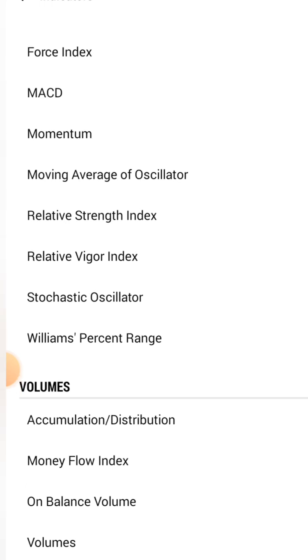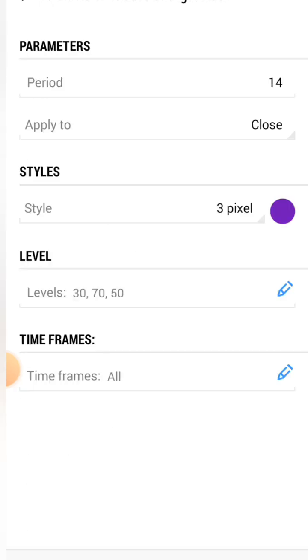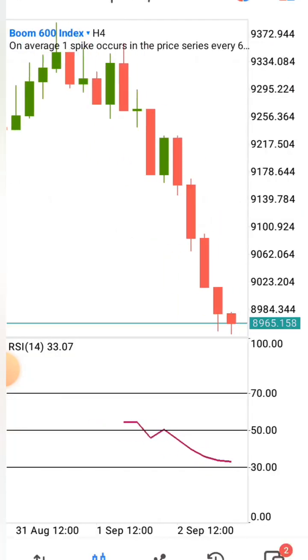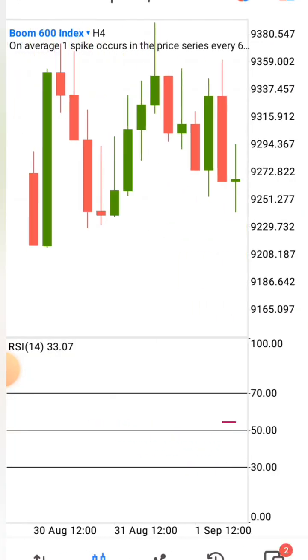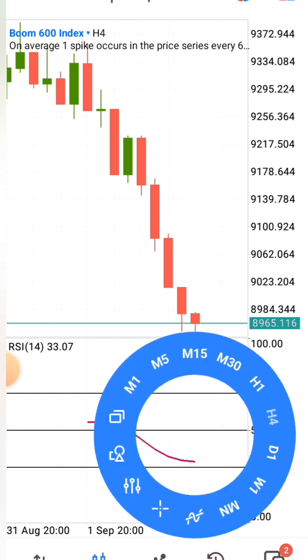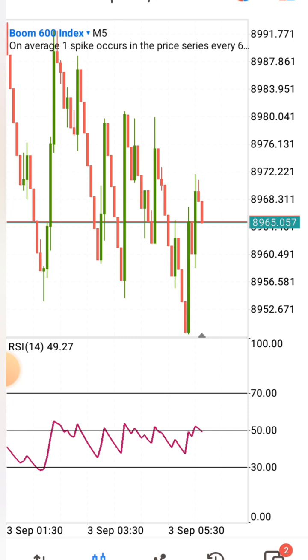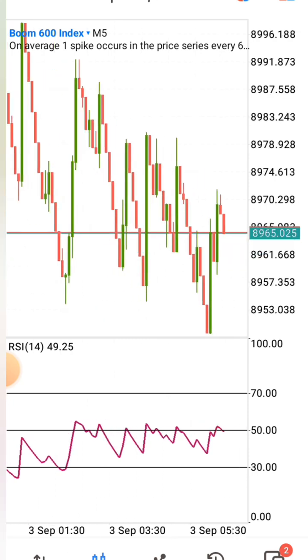Now, when you talk about the Relative Strength Index, by default we have 14. Look at this. I don't know if you are experiencing these things. Without talking much, you can clearly see the divergence and the movement of the market in this place.